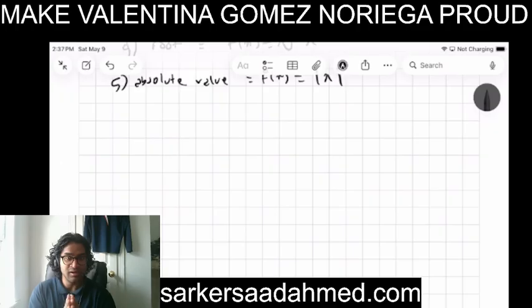Now, domain is the values that are allowed inside that box, and range is the possible values that exist.